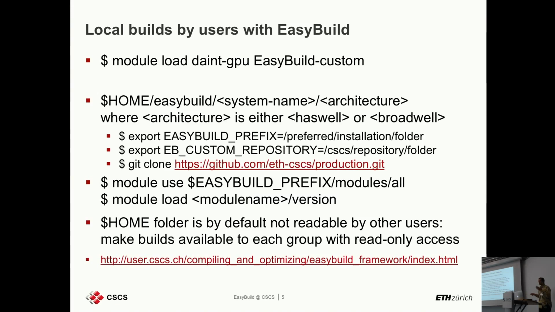And Victor and Guilherme provided a simple way of doing that with the EasyBuild custom module file that we provide on our systems. And then if the user uses the defaults, he gets the module files in his home, that he can actually configure if they want. They can just clone our repository in order to have the good folder structure expected by the module, and then they can share that with the group.